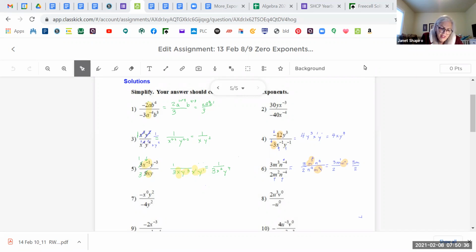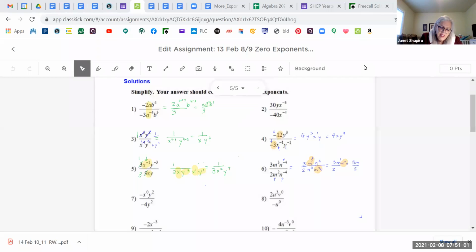So I have a fraction, 8 over 3. I'm going to rewrite all the variables with positive exponents. So this y squared goes to the denominator, or y to the negative 2. This x to the negative 3 means it belongs in the numerator. Y to the 4th, it's a positive exponent. It stays where it is.